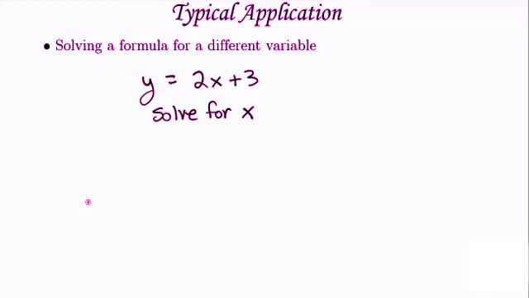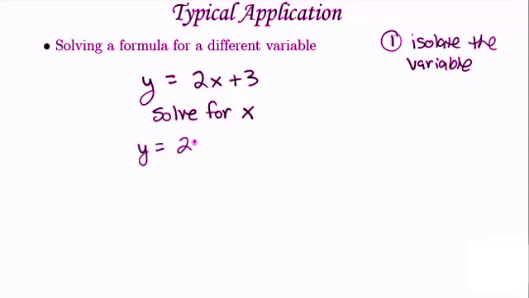To do that, you would go about it the same way as before, where you're isolating the variable that you want to work with on the left side. But this time, in order to do that, you've got to not only move numbers over, you might have to move variables over as well.